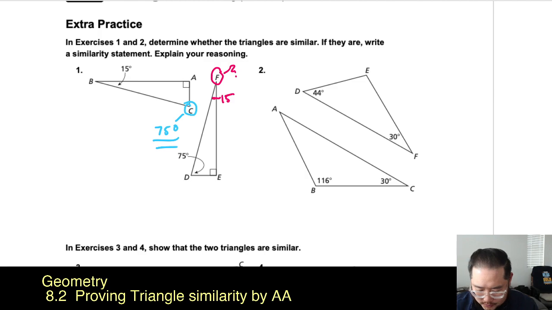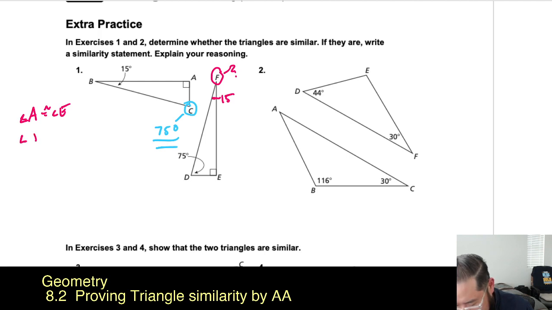So we want to try to prove this and put all our information together. We can say that angle A is congruent to angle E, and angle B is congruent to angle F. So we have both of those together.